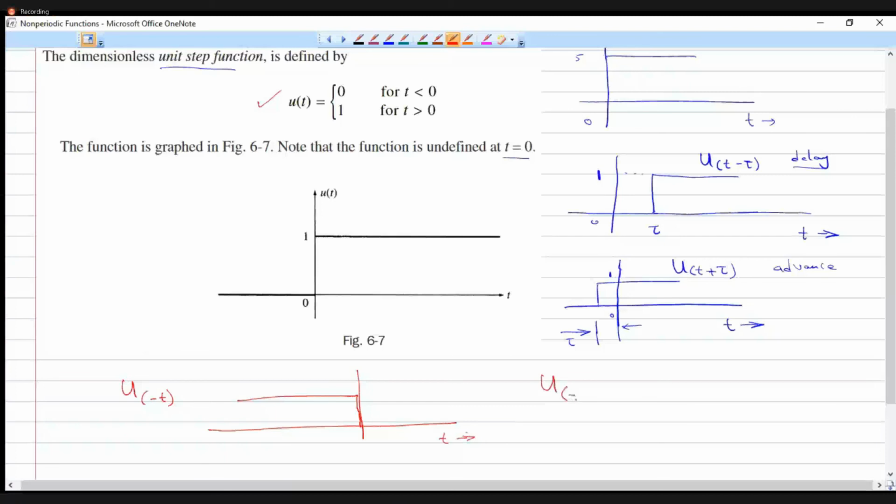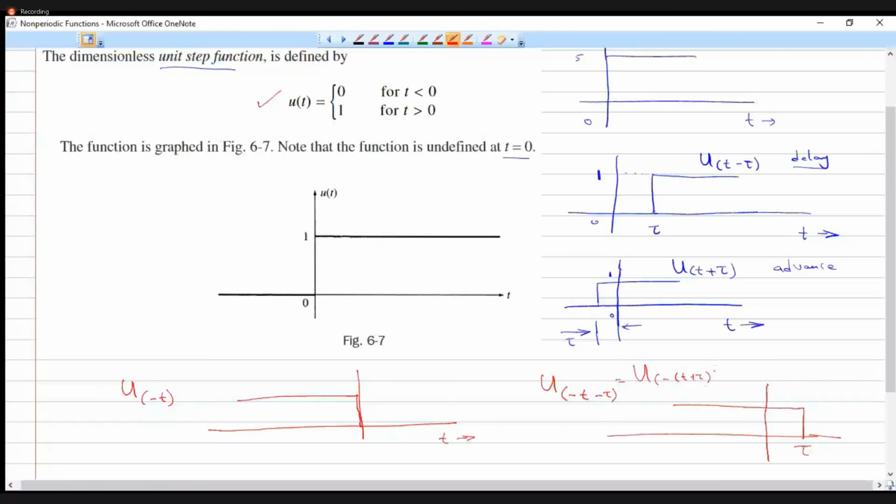Also, you can shift it towards the right, like u of minus t minus 2, in which case the time-inverted signal will shift towards the right up to the point 2. So this is nothing but u of minus of t plus tau.